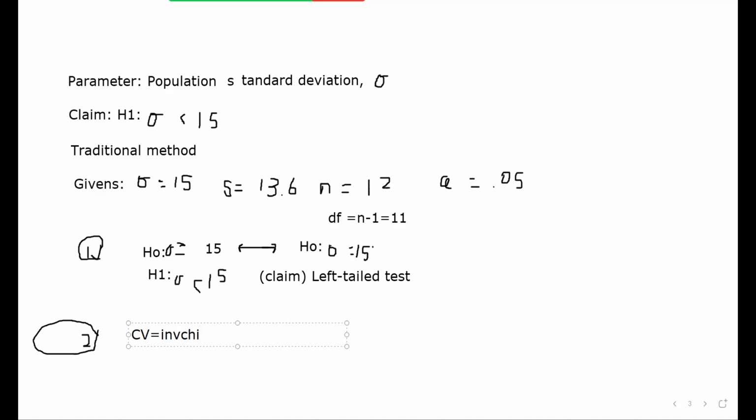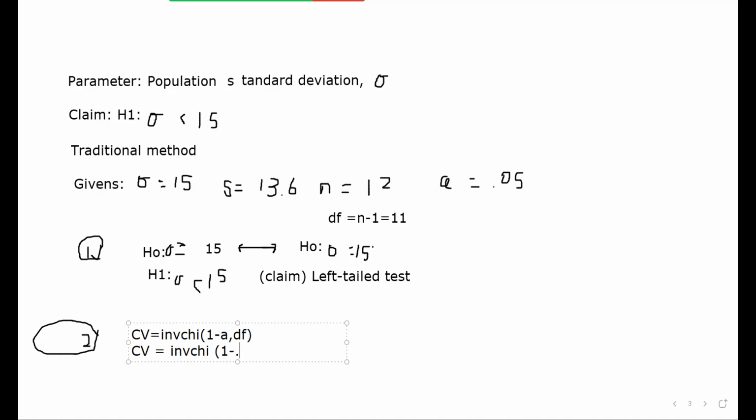And since it's on the left, it's going to be 1 minus alpha and your df. So here, my critical value is equal to inverse chi 1 minus 0.05.